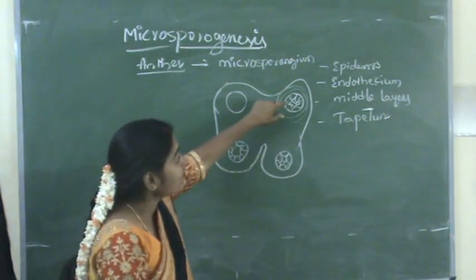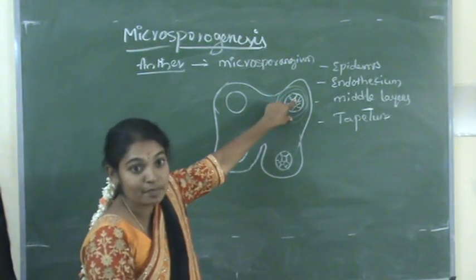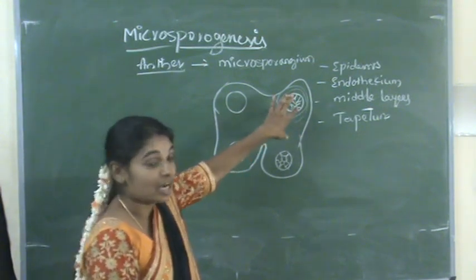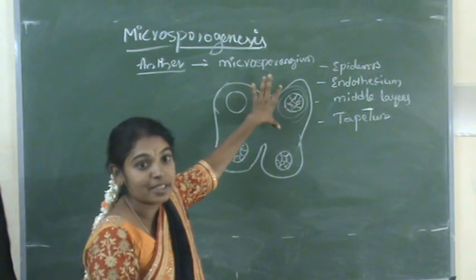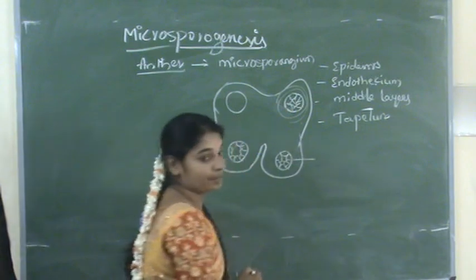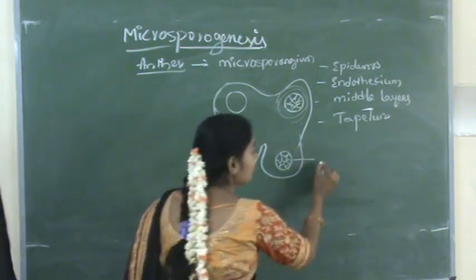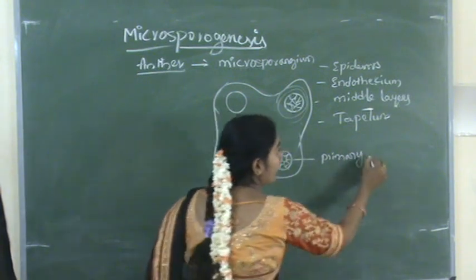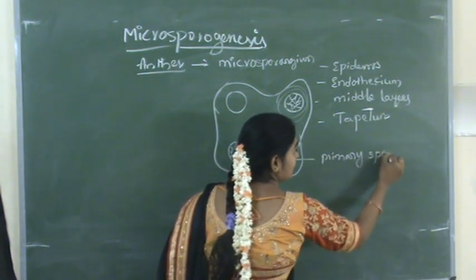Inside each microsporangium there is a meristematic tissue. When the anther is at a young stage, these cells are called primary sporangious cells.